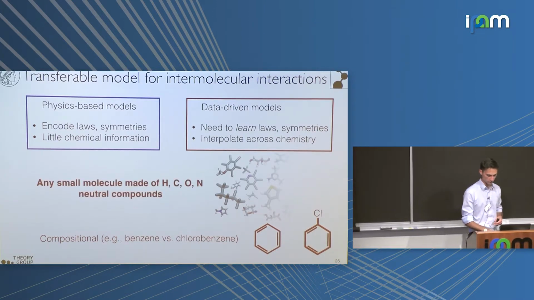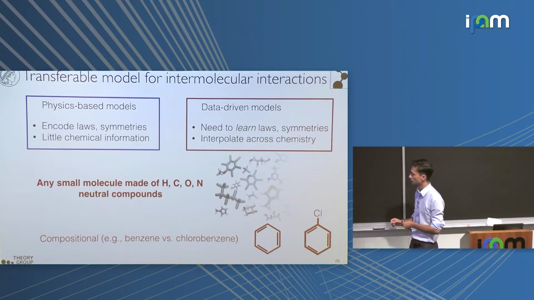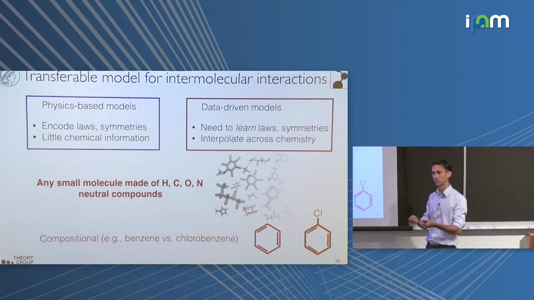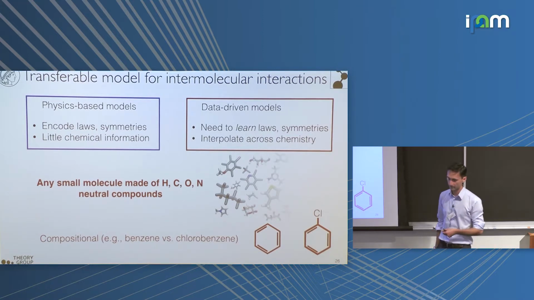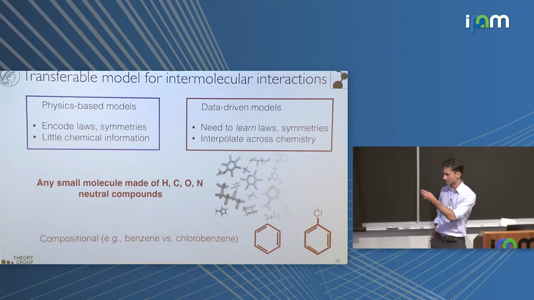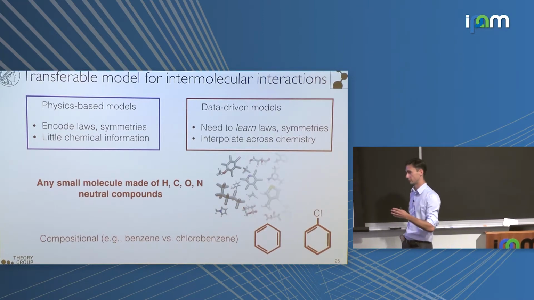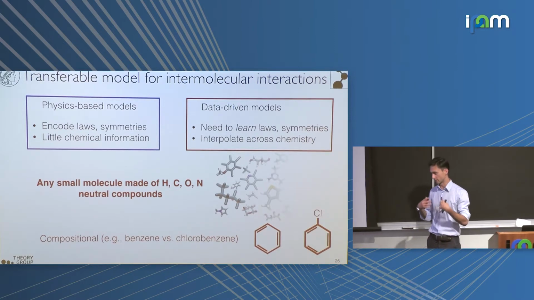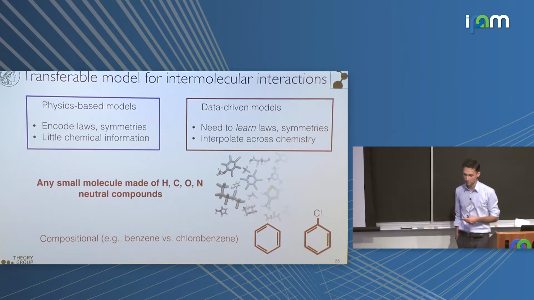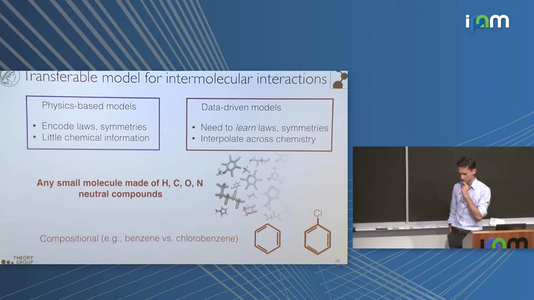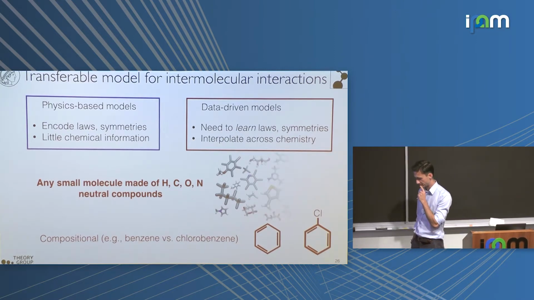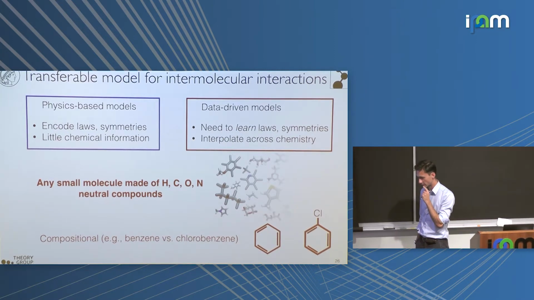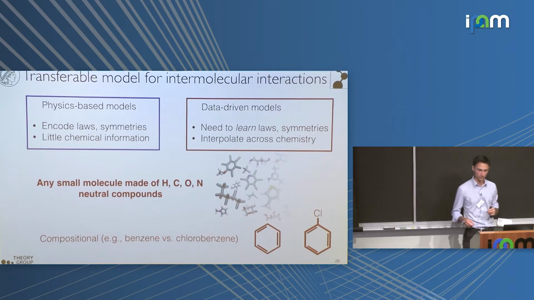So one thing that was of interest for us is to learn this not just for one particular molecule, but to learn intermolecular interactions for a large number of molecules. And again, because of reasons I mentioned before, with things like electrostatic interactions and other types of interactions I'll show you in a second, it's not exactly clear how to learn interactions at long range for an arbitrary number of particles.